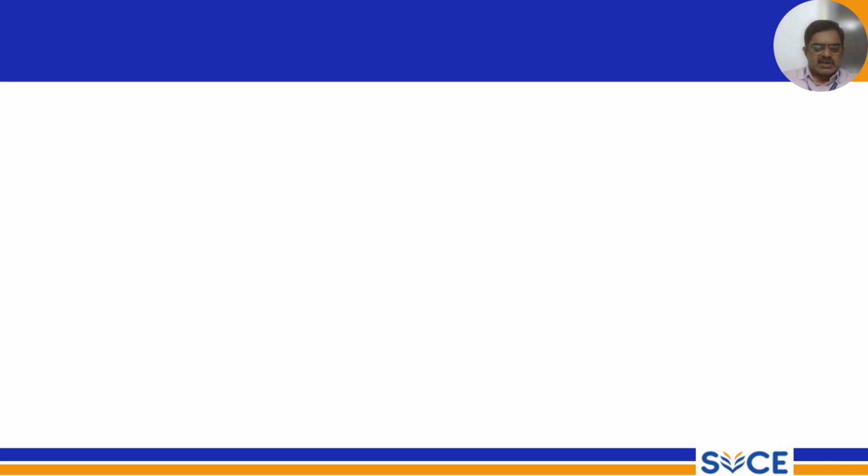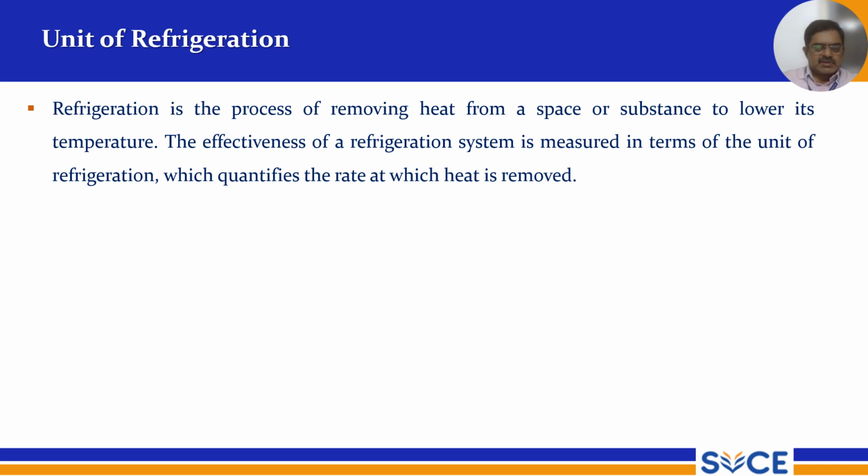Coming to our second topic in this unit, it is unit of refrigeration. Refrigeration is the process of removing heat from a space or substance to lower its temperature. The temperature is lowered in such a way that the heat is removed from either space or from substance.